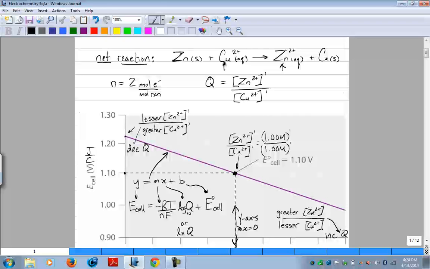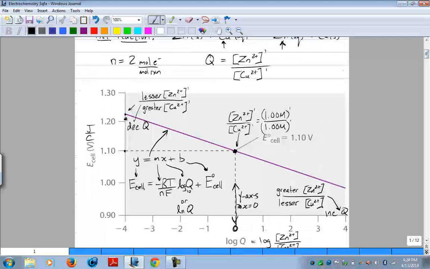When Nernst relatively increased the concentration of the reactant cations, the copper 2 plus, and decreased the relative concentration of the zinc cations, he noticed that the initial cell potential difference was greater. So for the lesser zinc concentration divided by the greater copper concentration, in other words a decrease in Q, he noticed that the cell potential difference increased.